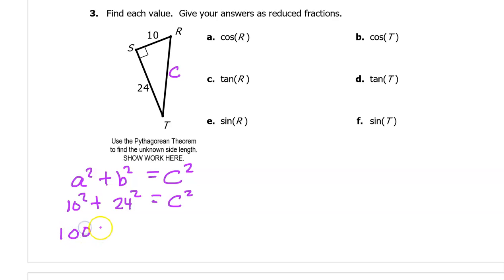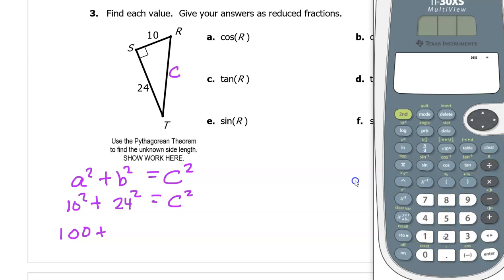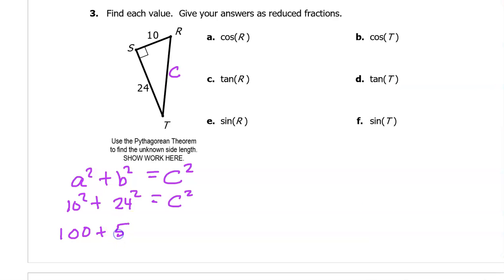Obviously, 10 squared is 100, but 24 squared, not so sure. So 24 squared, that's 576, and that is equal to c squared. Well, 100 plus 576, that's going to be 676 is equal to c squared.